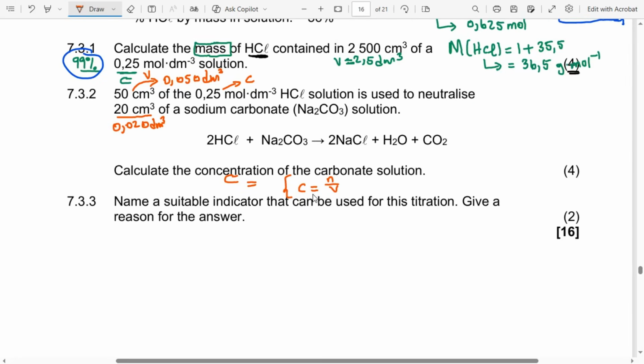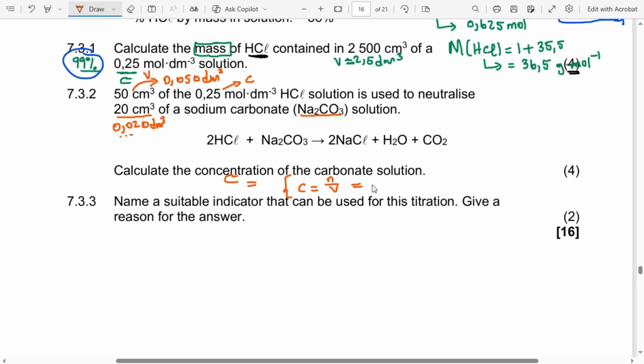We are looking for the concentration of what? The carbonate solution, Na2CO3. The volume that you substitute in this formula should be for that Na2CO3, which is 0.02. So we have that part.